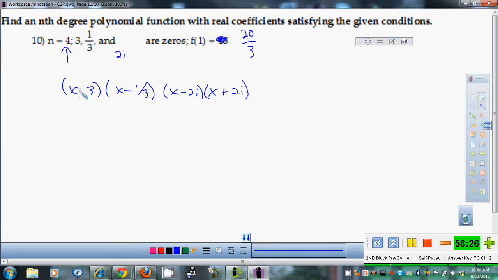Very good. Now you just start foiling like a crazy person. When you foil these 2 pieces together, you get x squared plus 4. We've been foiling for a while, so I'm not going to show every step of the foiling. And when you foil these 2 pieces together, you get x squared minus 4/3 x plus 1.